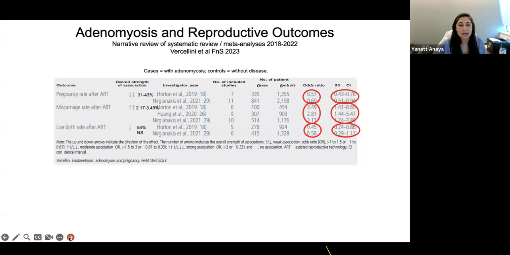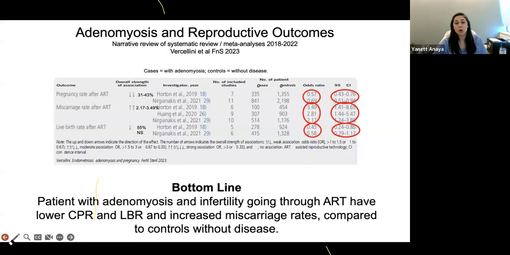Now, as far as looking at reproductive outcomes after IVF in patients with adenomyosis, in comparison to patients without adenomyosis, we do see an association with lower pregnancy rates and live birth rates, as well as an increase in miscarriage rates. But overall, I think IVF can be a very good treatment for patients with adenomyosis.